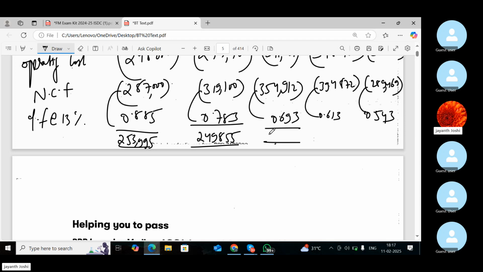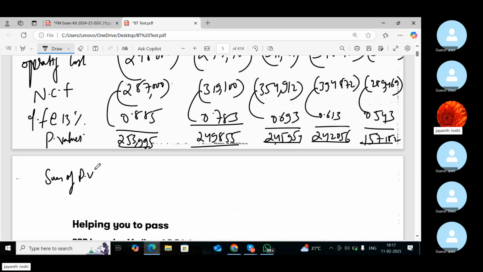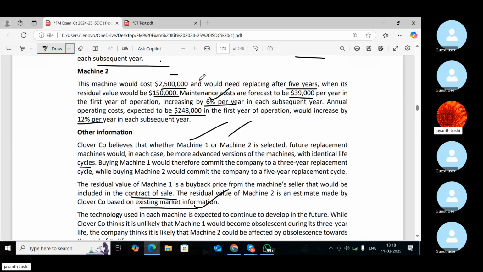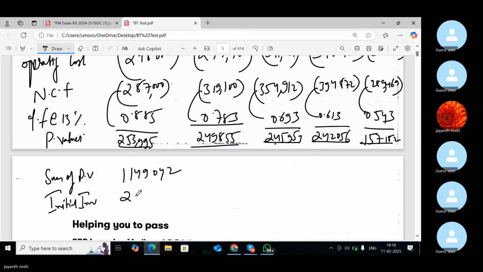2,49,855. 45,954. 42,056. Like 57,182. Okay, these are present values, and the sum of present values, if you add them, you'll get 1149042. I've done this, and the initial investment given to you for machine 2 is 2.5 million.